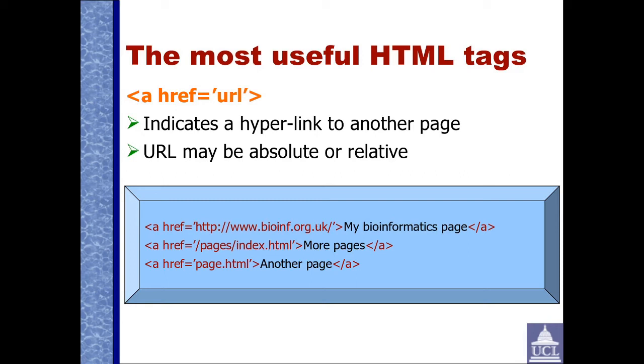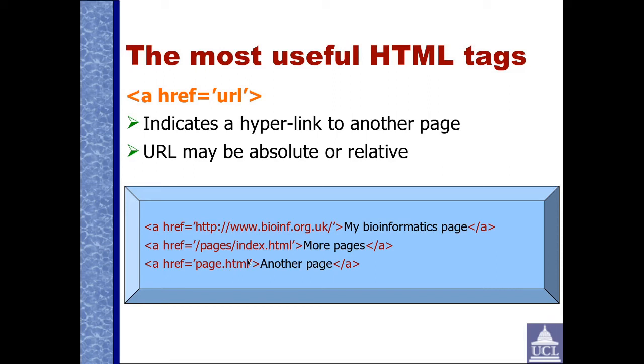We can also have internal absolute URLs, so like this second example, so this will always start with a /. pages/index.html means go to the top of the set of web pages that we have on this web server, find the pages directory, and then the index.html file within that. And then thirdly, we have just page.html, which is another page in the current directory.